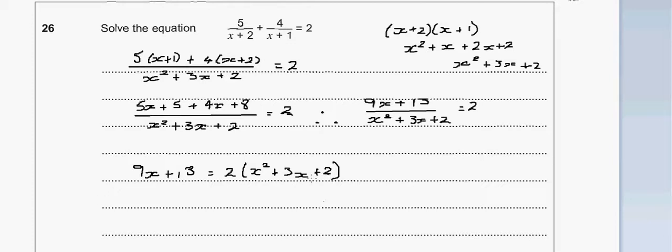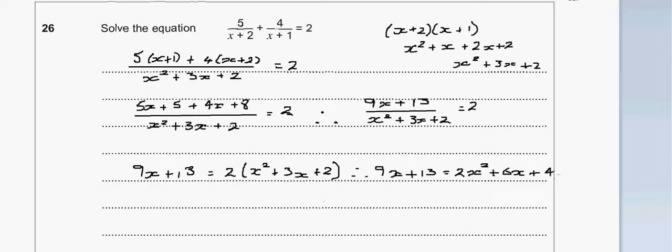Okay, so we need to expand the brackets, so therefore 9x plus 13 equals 2 times x squared is 2x squared, 2 times 3x is 6x, and 2 times 2 is 4.